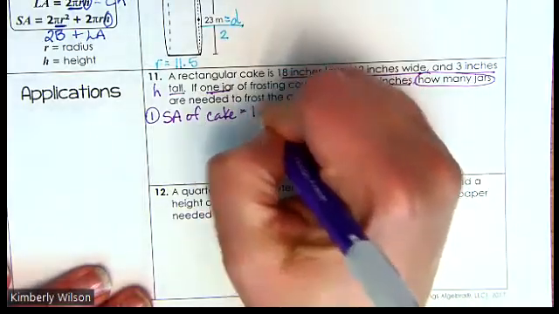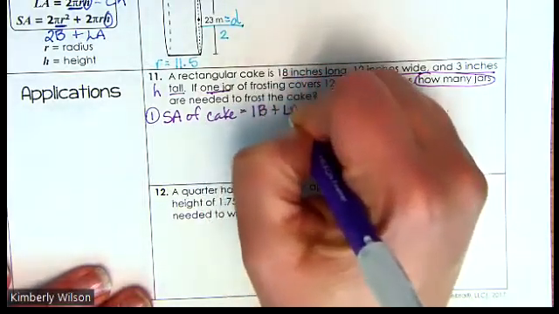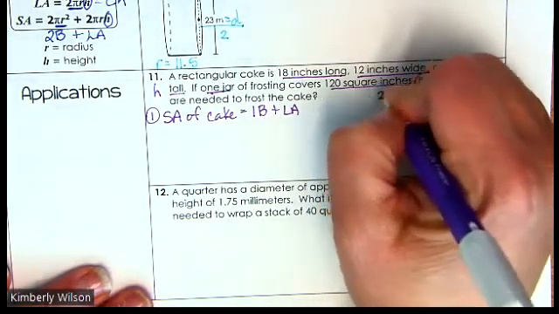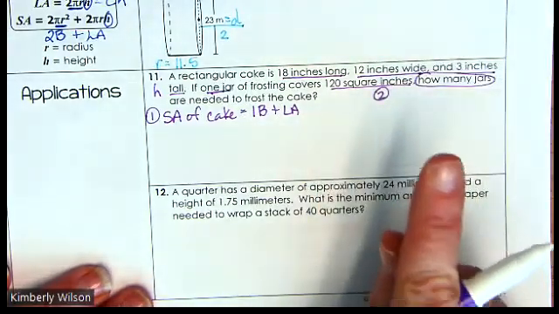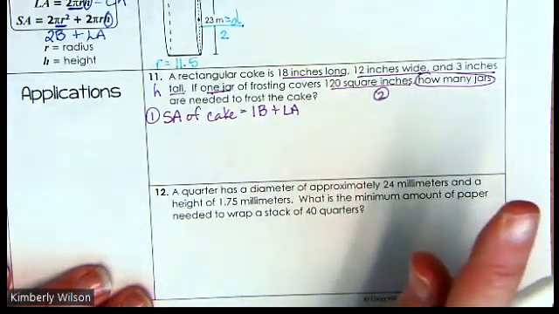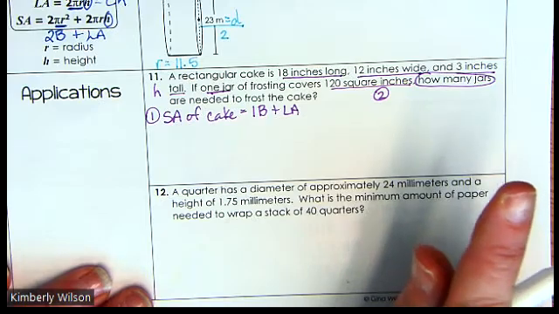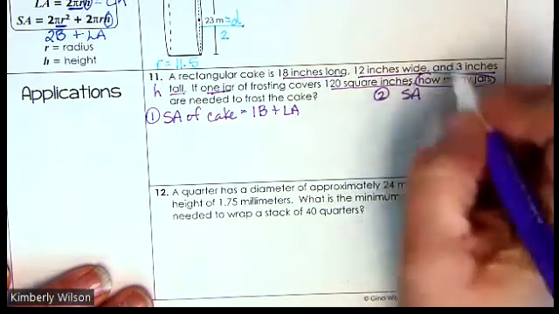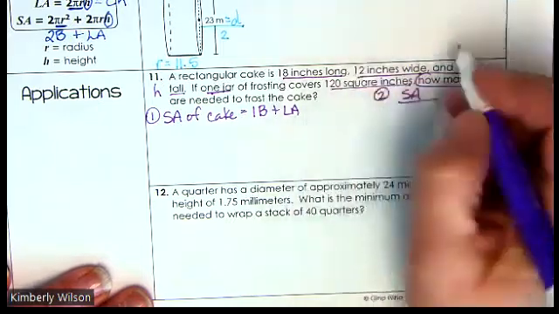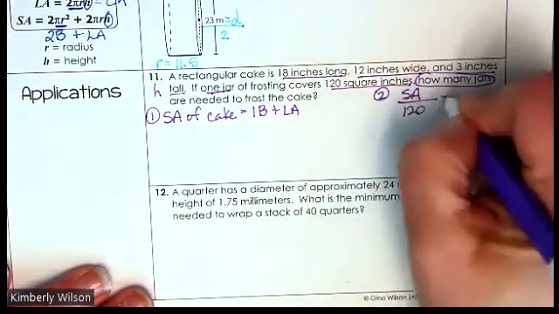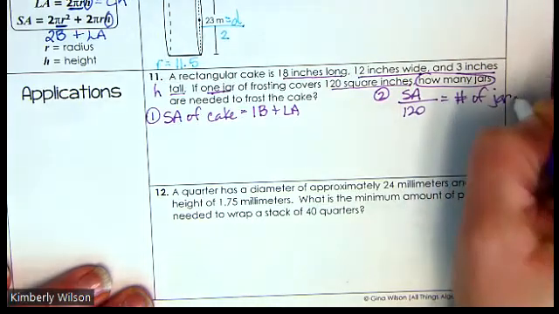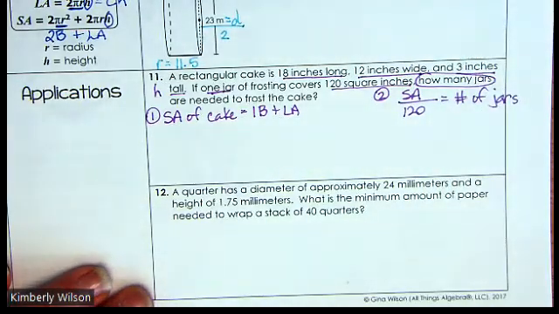So this is going to be 1B plus the lateral. Okay. And then step 2 is, once I know how much it takes to cover one cake, I'm going to take that surface area and divide by 120 to figure out the number of jars it will take to cover it. Okay. All right, here we go. So let's work.